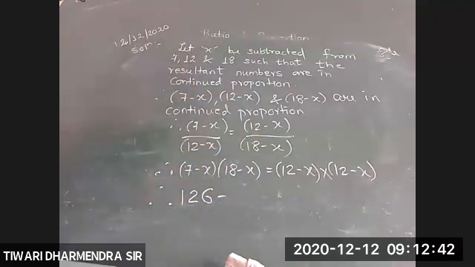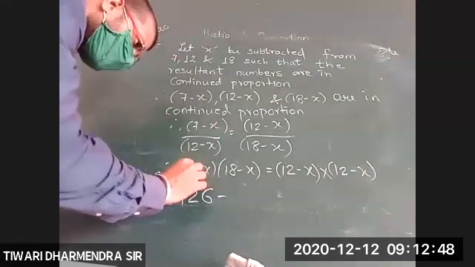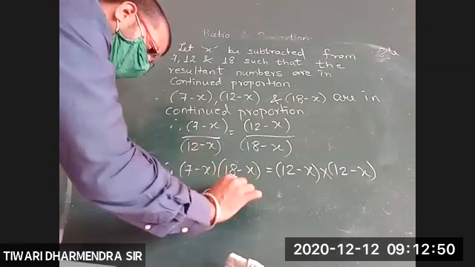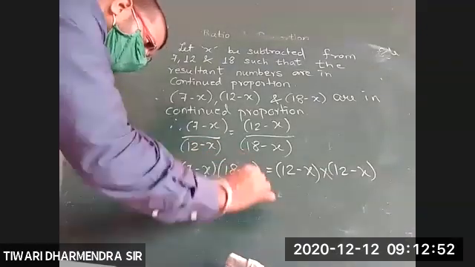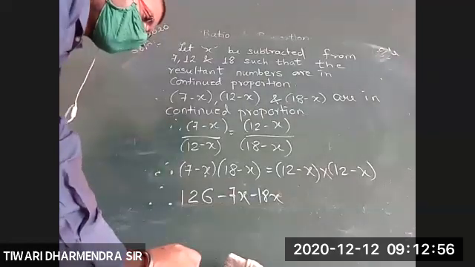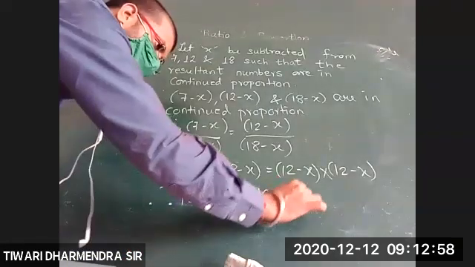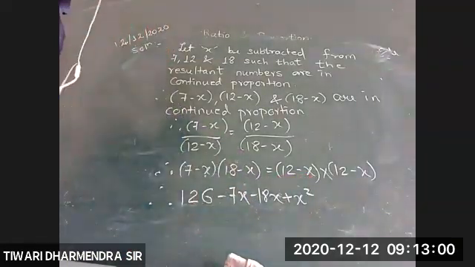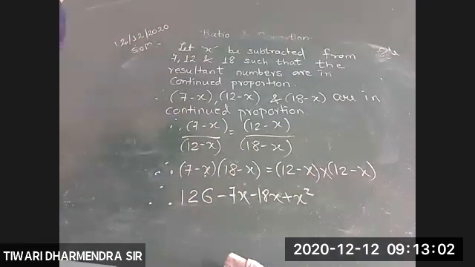Hope everyone got this. 126 minus 7x minus 18x, minus minus plus, so plus x square. Hope you have understood this step.